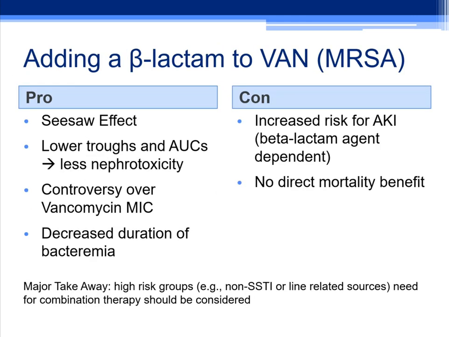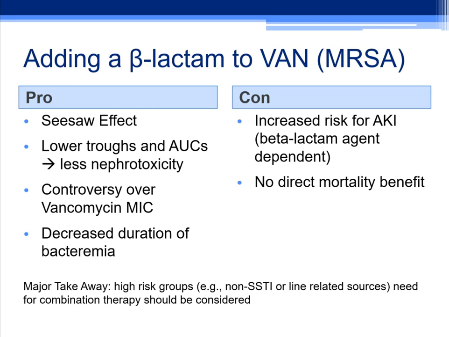So the pros of adding on a beta-lactam to vancomycin is the seesaw effect that we discussed. You can use lower troughs and lower AUCs, which theoretically should lend to less nephrotoxicity. But on the con side, there has been some data to support that you do have an increased risk of AKI, though it might be drug specific.